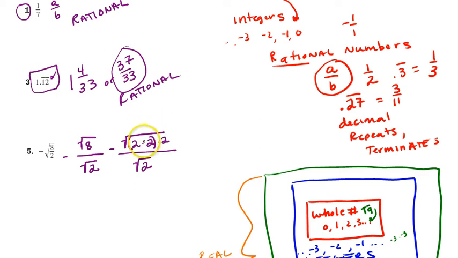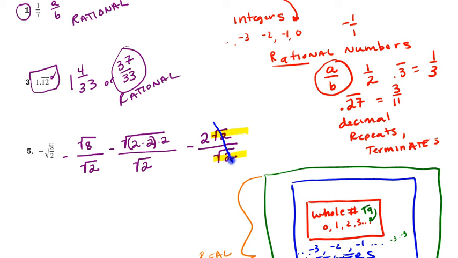Notice this is the inverse of square rooting, so I end up with the opposite of 2 times the square root of 2 over the square root of 2. Now, notice that I have the square root of 2 over the square root of 2. That would have to equal 1.